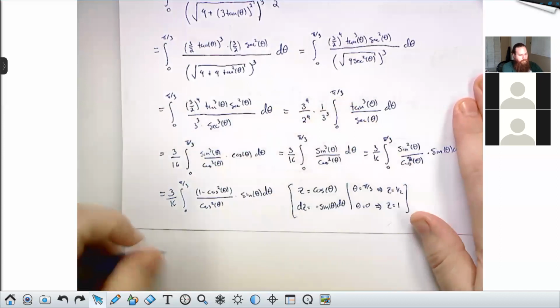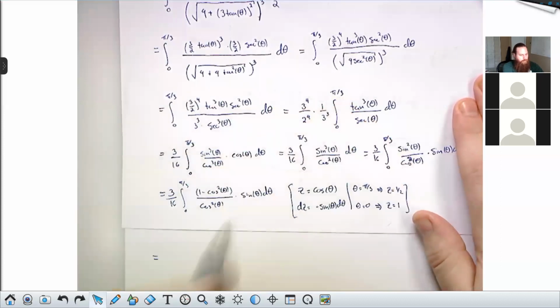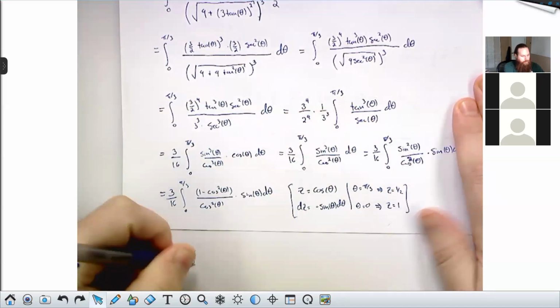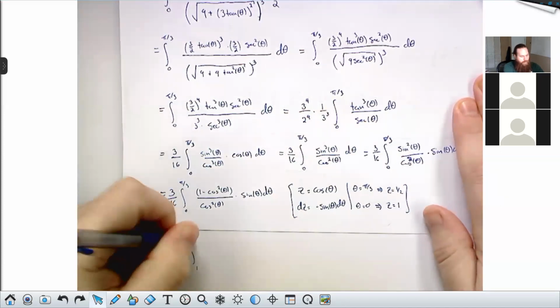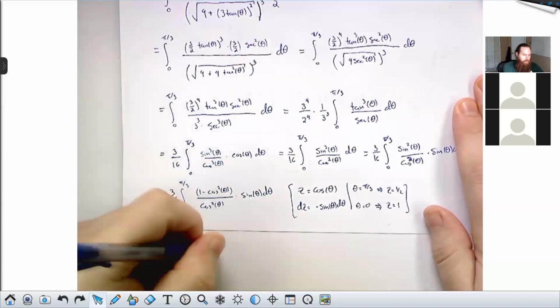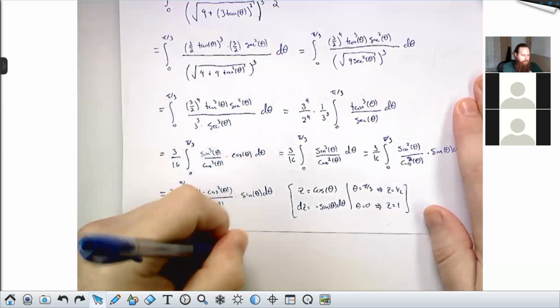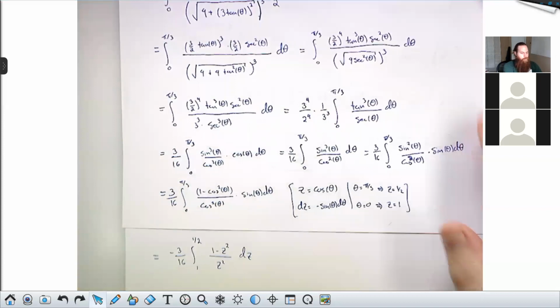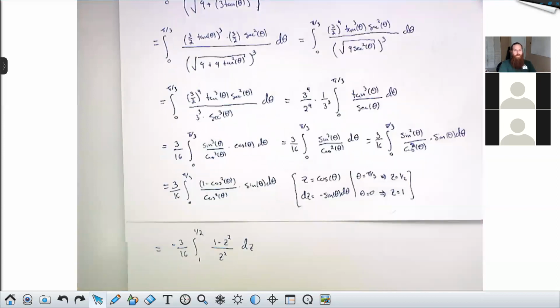So my new integral, I'll have a negative pop out from the differential, negative 3/16 integral 1 to 1/2 of 1 minus z squared over z squared times dz. The negative I already brought out. And then we can split that up.